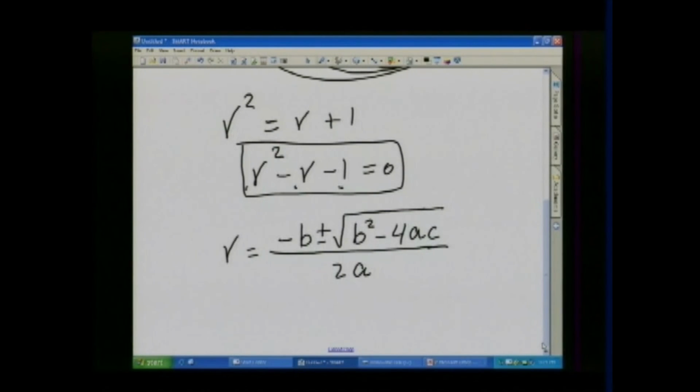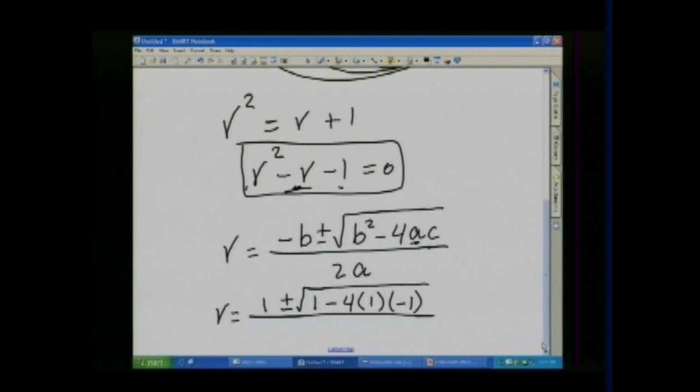So here, r would be equal to minus b, where b is the coefficient of r, which is minus 1. So minus b would be a plus 1. So 1 plus or minus square root of b squared, which is minus 1 squared, which is 1, minus 4 times a, the coefficient of r squared, which is 1, times c, which is minus 1, divided by 2a, which is 2 times 1.